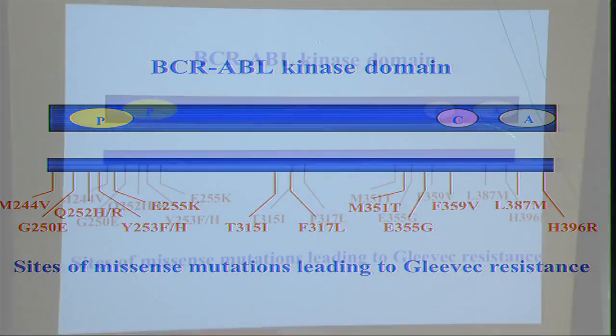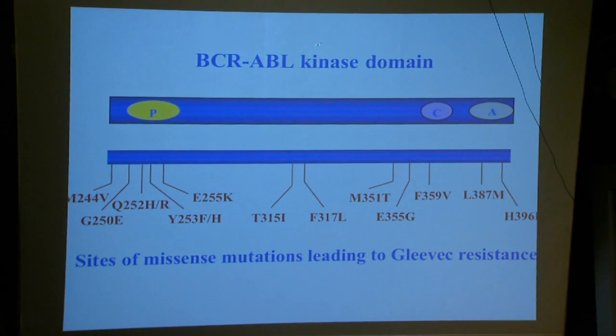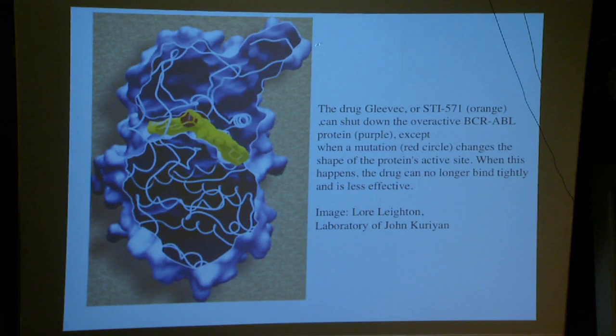But at some frequency, mutations occur within that ATP binding site, and different mutations will do this, as shown down here. And those mutations will block the access of the drug. And the good news is that one can make new drugs that will overcome that form of resistance. So this is a good news, bad news story. We'll stop there.